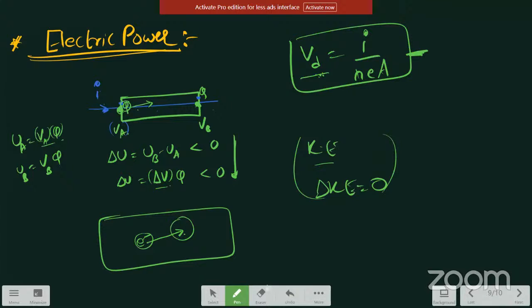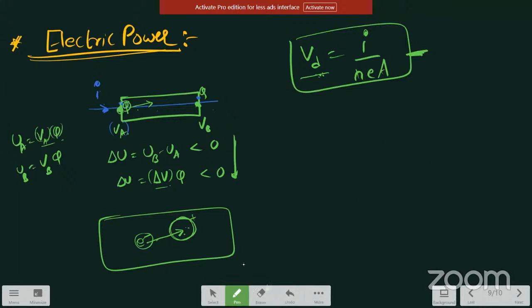That means the energy that is supposed to increase their kinetic energy is lost here, shared with the ions or cations. What will happen at that time?